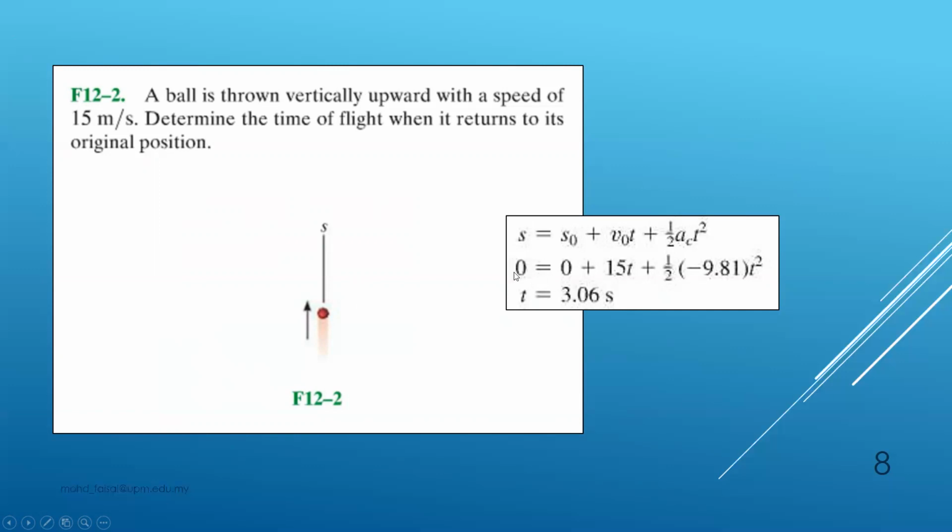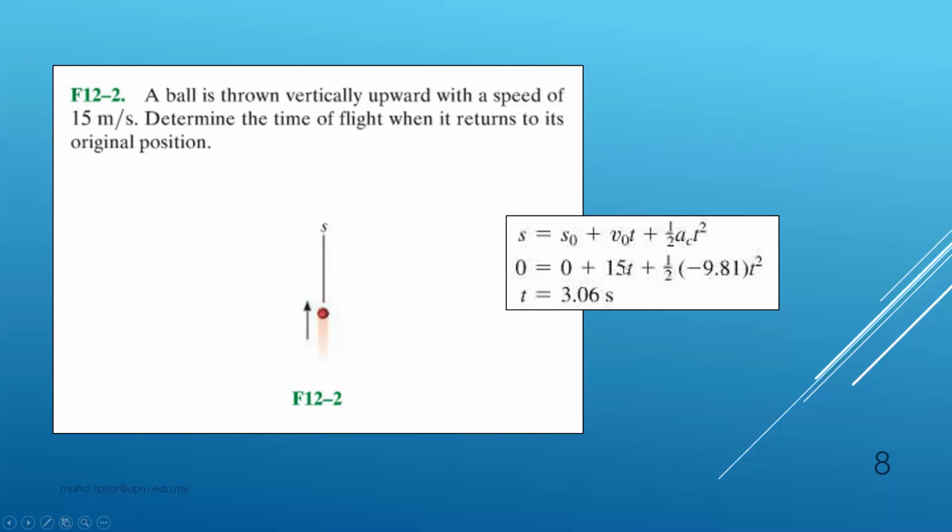We know that it starts and ends at the same position. So it starts from your height or from the ground level, and then it ends also at the ground level. So both values will become 0. And v naught is given here, that it is thrown vertically upward with a speed of 15 meters per second.